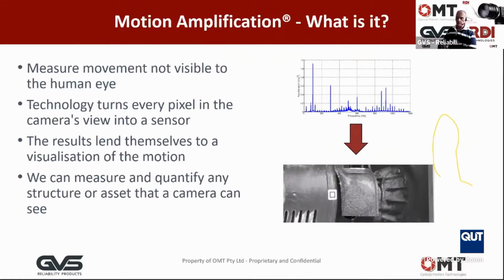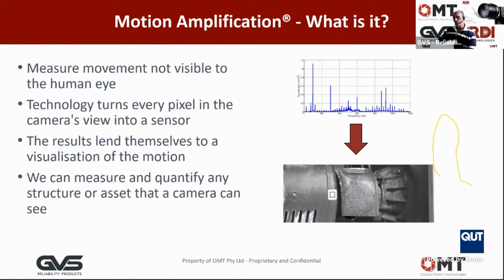We can also apply some amplification to the video that we've captured. When we amplify it, we're really just getting it above the threshold that we would be able to see with our naked eye. So a lot of this is about being able to visualize the way the thing is actually displacing under its normal operating conditions, whether it's a structure or a machine that we might be looking at.